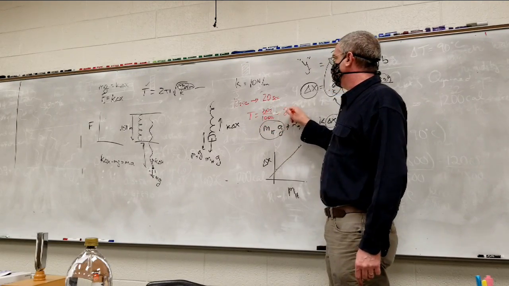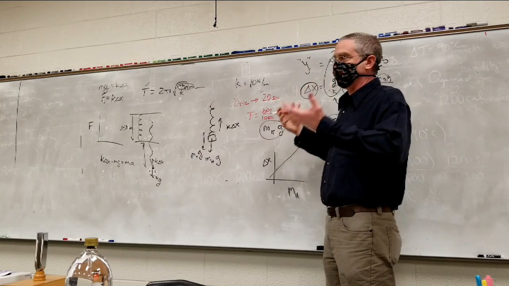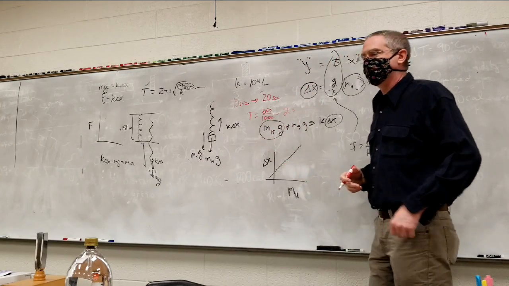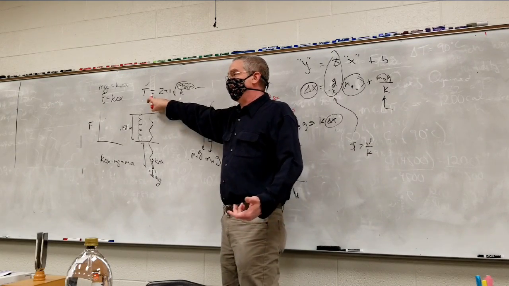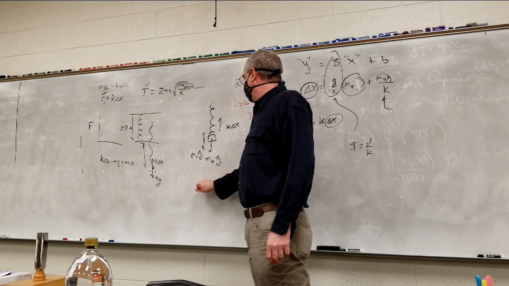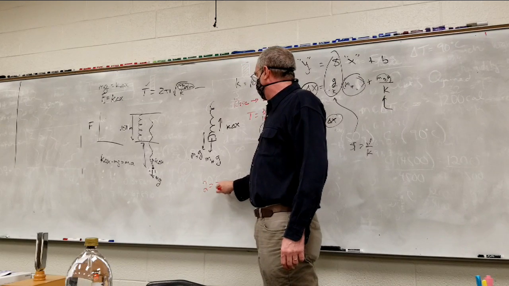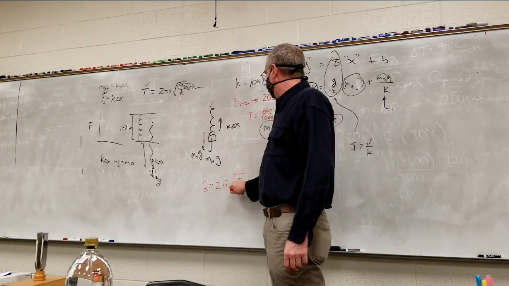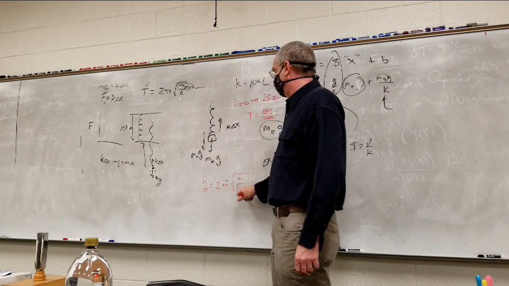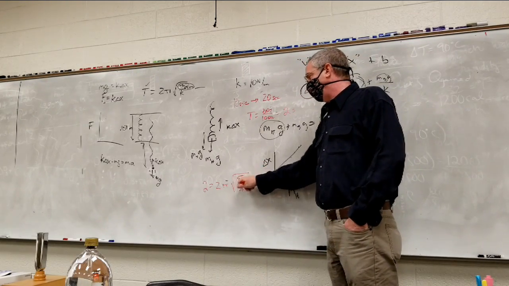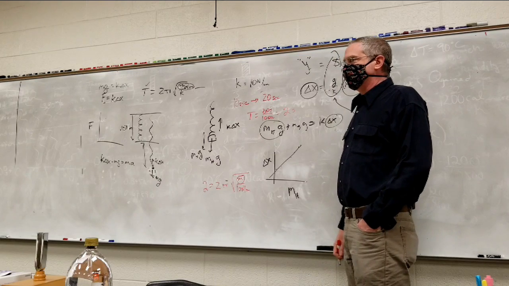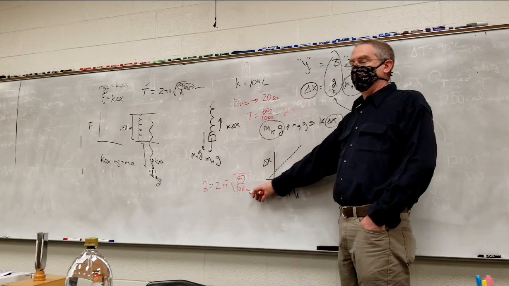The period was 2 seconds per oscillation. So now we come to the equation for the period. We'll have 2 equals 2 pi times the square root of m over 10 newtons per meter, our value for k. Solve for m. Solve for that m. That m is in kilograms.